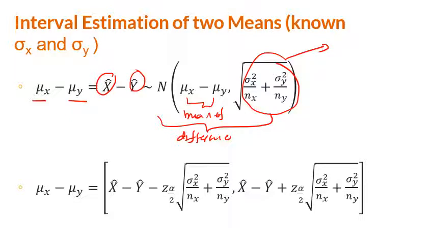So kapag dalawa yung variance mo, sigma x squared tsaka sigma y squared, ito yung sigma counterpart kapag dalawa yung involved na quantities.